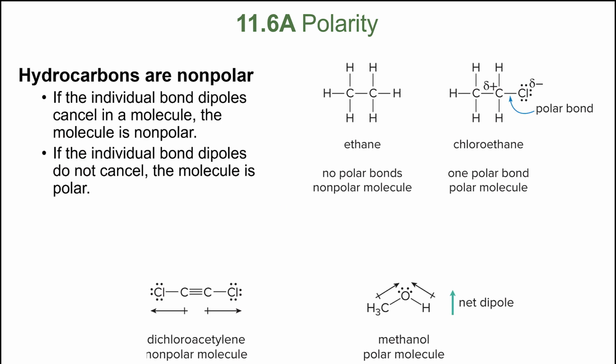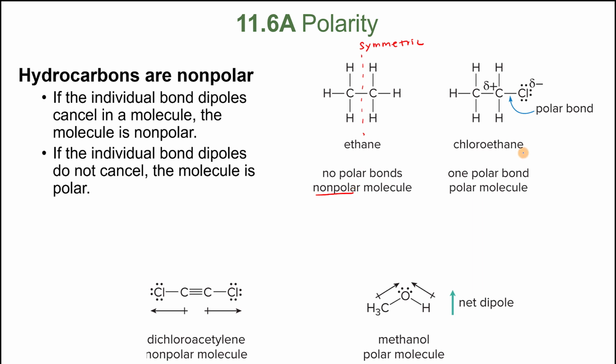Hydrocarbons in general are nonpolar. If the individual bond dipoles cancel in a molecule, the molecule is overall nonpolar. So if we look at ethane, we have a carbon-carbon bond and then 2 CH3 groups. So this is a symmetric molecule. One end is going to cancel the other out, so this is nonpolar.